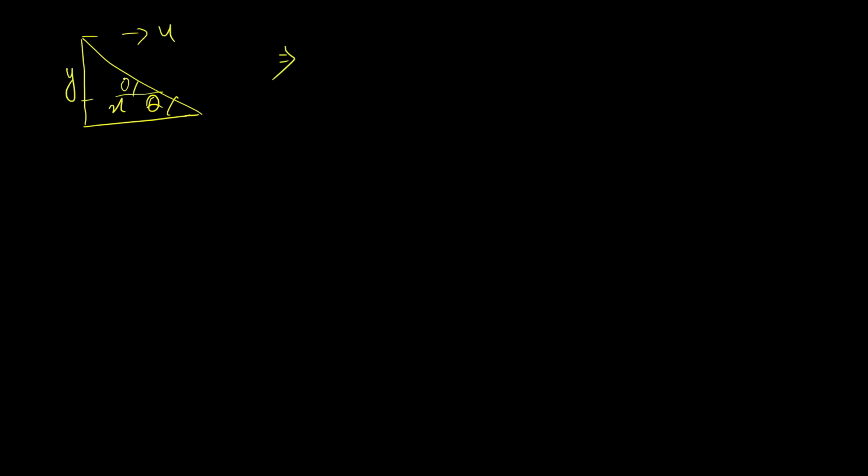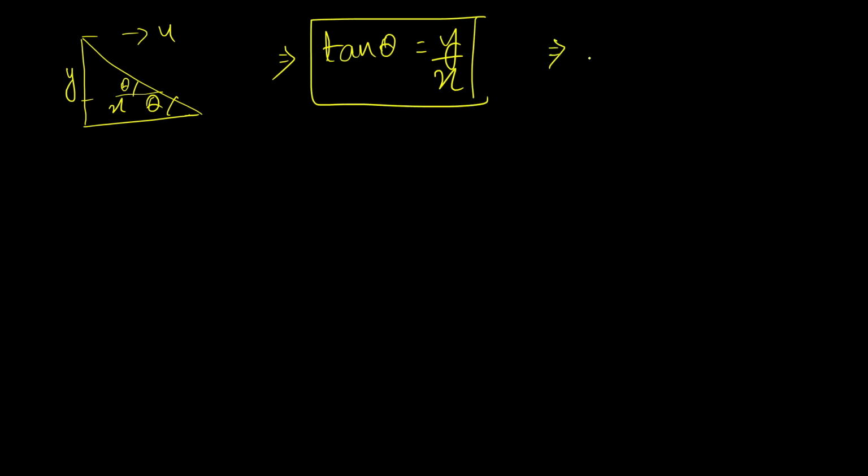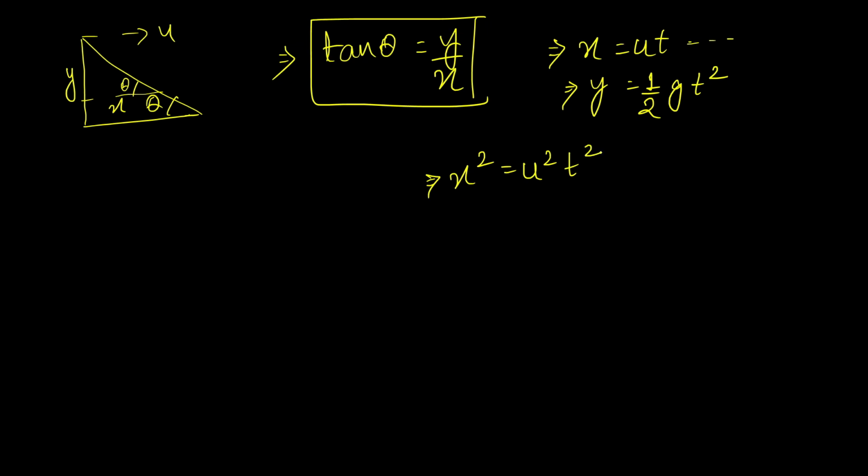From here we can easily deduce that tan theta is equal to y upon x. We have already calculated x is equal to ut and y is equal to half gt square. So when I square this, x square is equal to u square t square, then I can remove this t square because y is equal to half gt square.